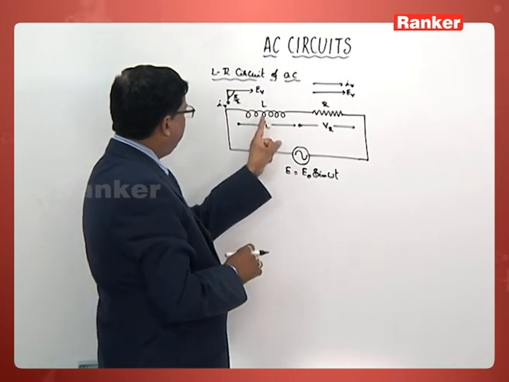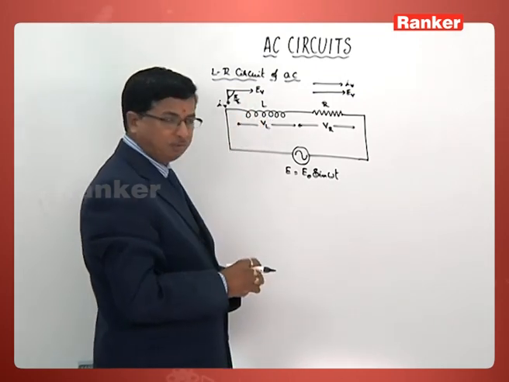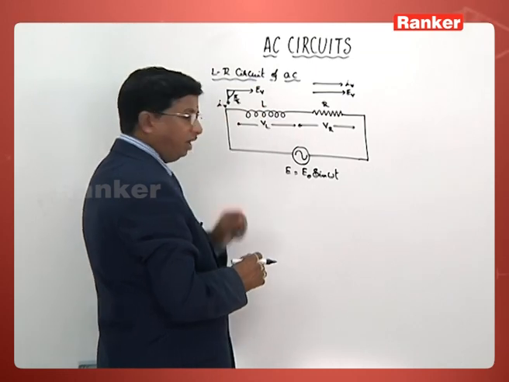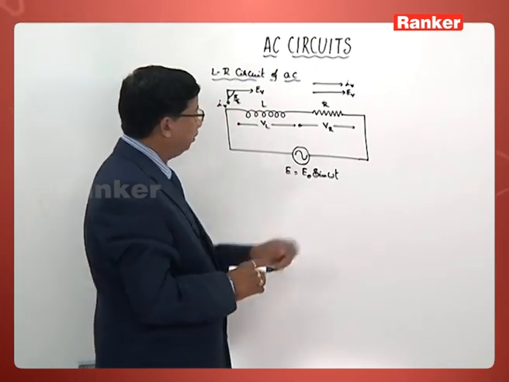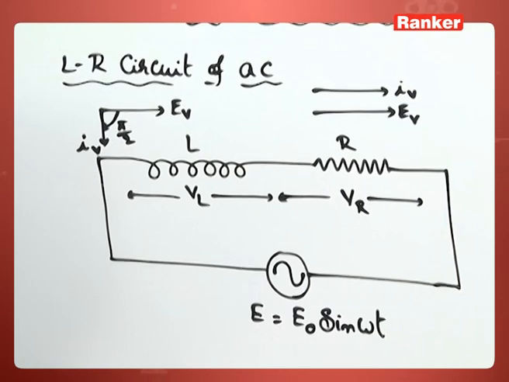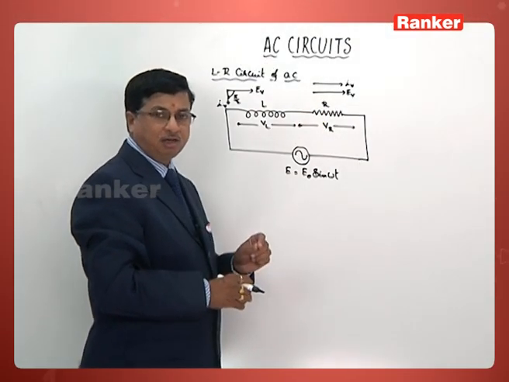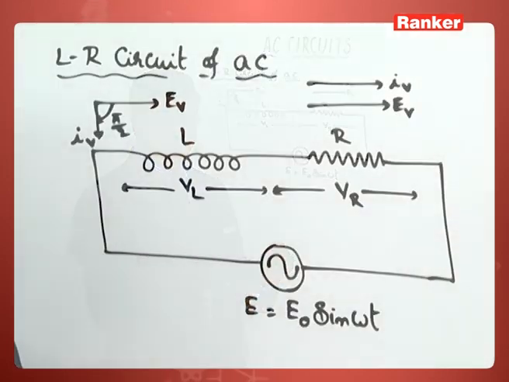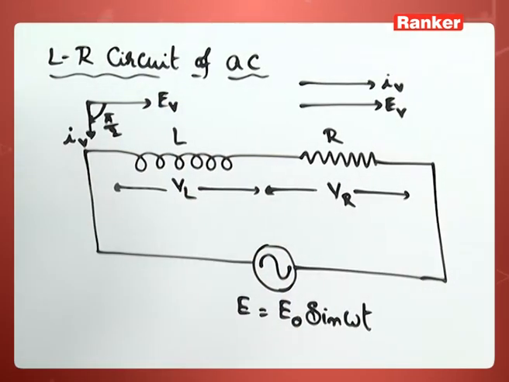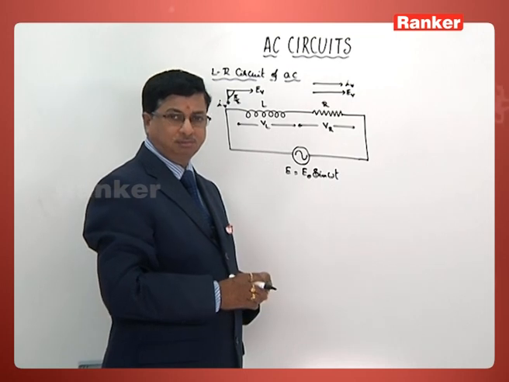So you can understand in the case of an inductance circuit, current is lagging behind EMF by pi by 2. In the case of a resistance circuit, both the current and EMF are in the same phase. This is the identification one should have.